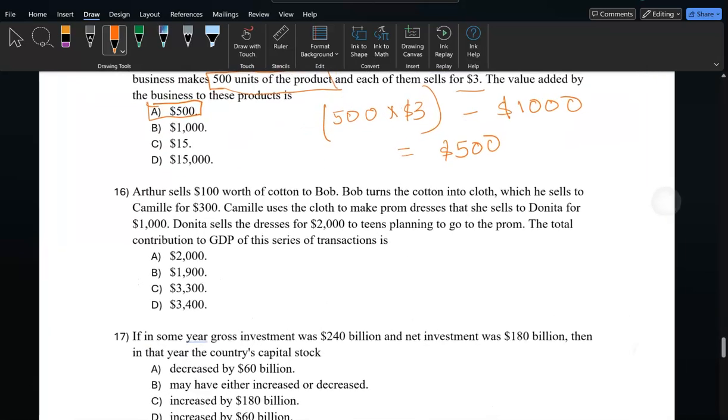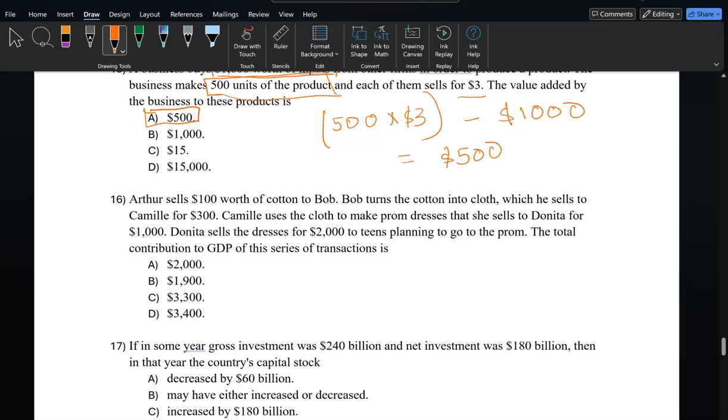Moving on to question 16. Arthur sells $100 worth of cotton to Bob. Bob turns the cotton into cloth which he sells to Camille for 300. Then Camille is using the cloth to make prom dresses that she sells to Donita for $1,000. Now Donita sells the dresses for $2,000 to teens planning to go to prom.